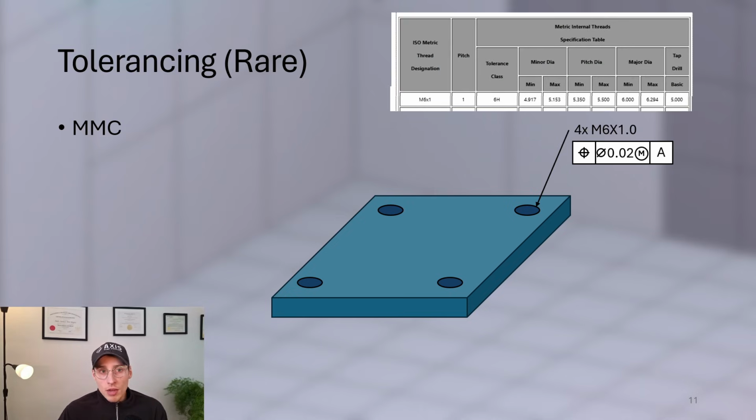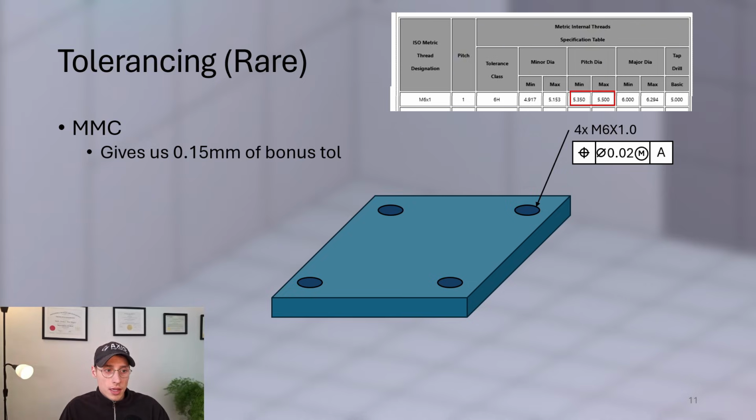In that case, it might be worth looking at the pitch diameter size tolerance and assessing how much bonus tolerance you could get from it. In the case of an M6 by 1 thread, you could get 150 microns of bonus tolerance out of it. So if your options are 20 microns or up to 170 microns, then maybe it is worth adding an MMC modifier to a locational tolerance zone on a threaded feature.